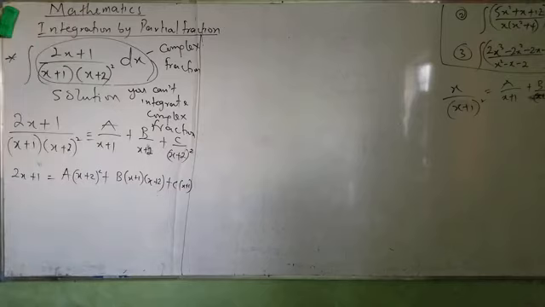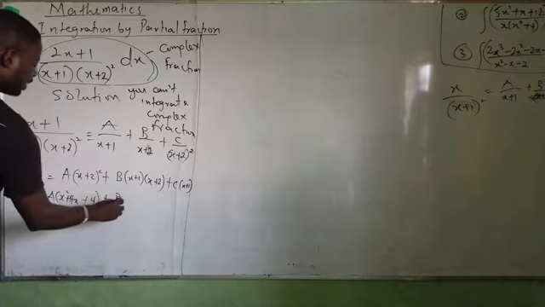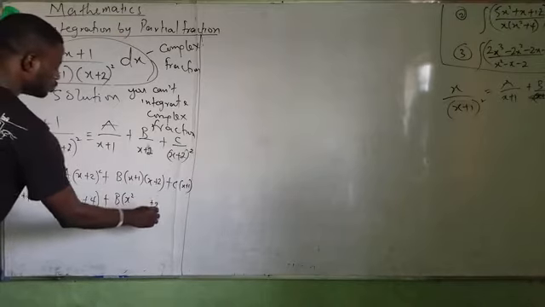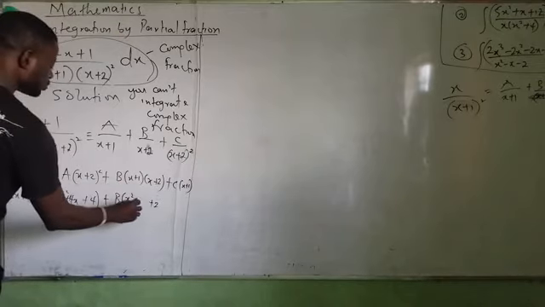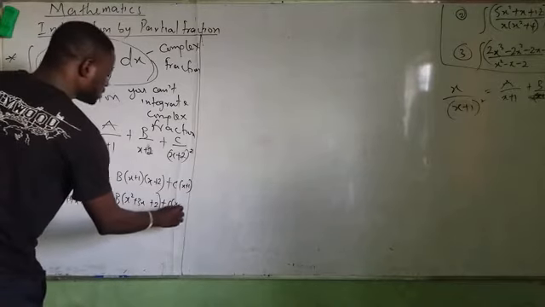Now, since I have this, if I open the brackets, s+1, it will be equal to A(s^2 + 4s + 4), plus B(s^2 + 3s + 2), and C(s+1).